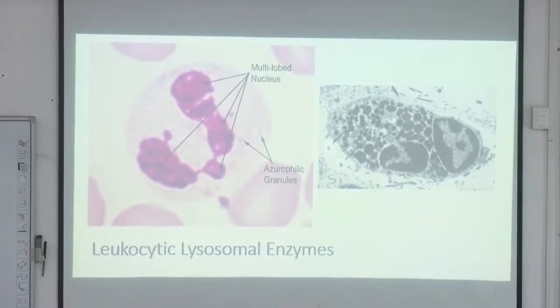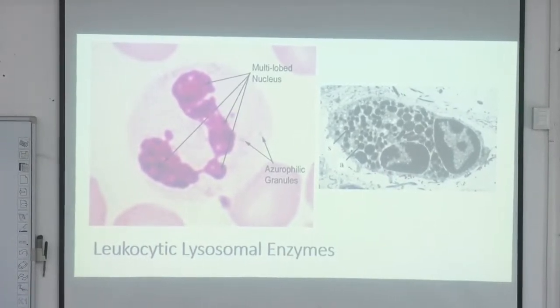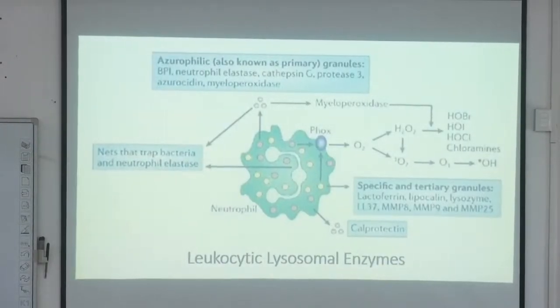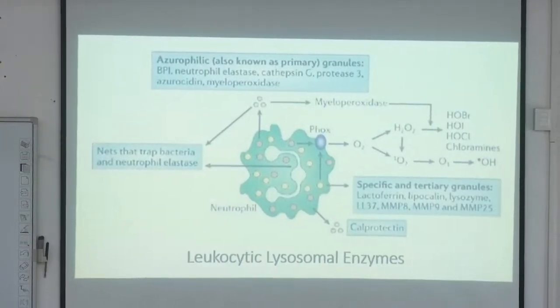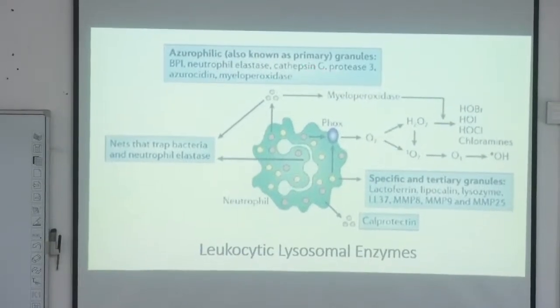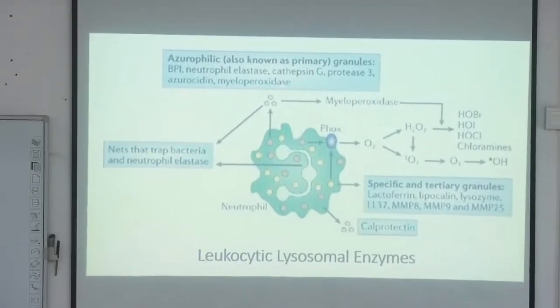Azurophilic granules, also known as primary granules, contain neutrophil elastase, cathepsin G, protease, azurocidin, and myeloperoxidase.